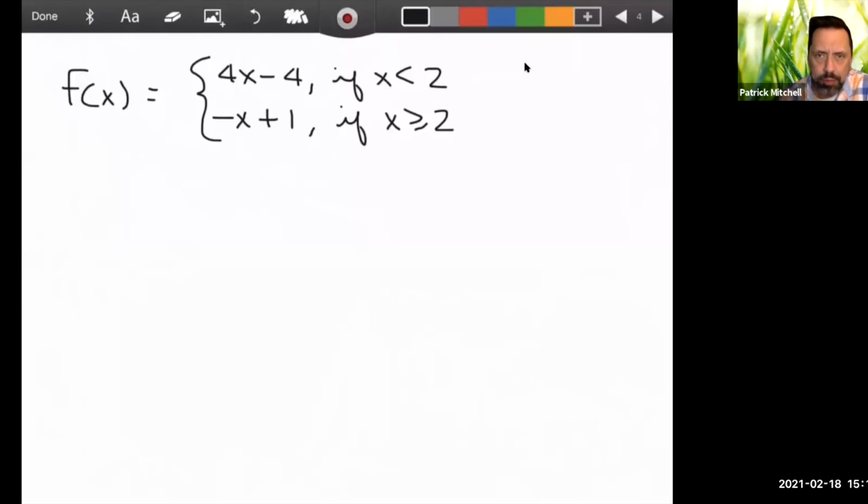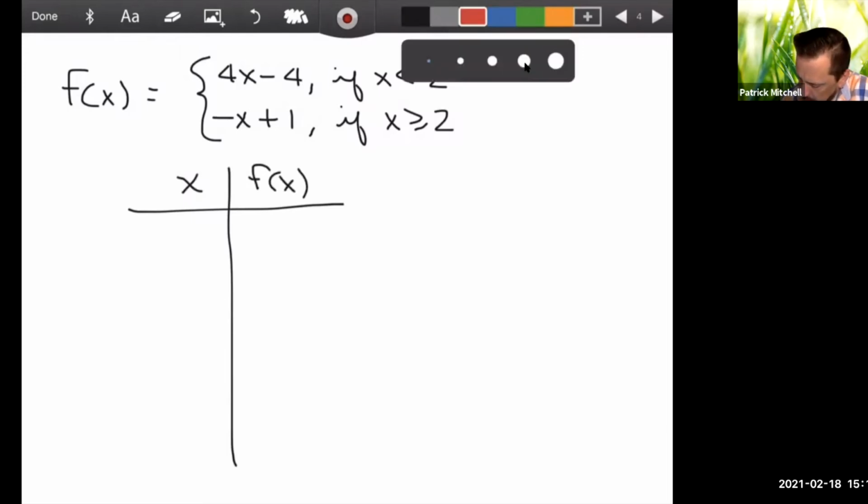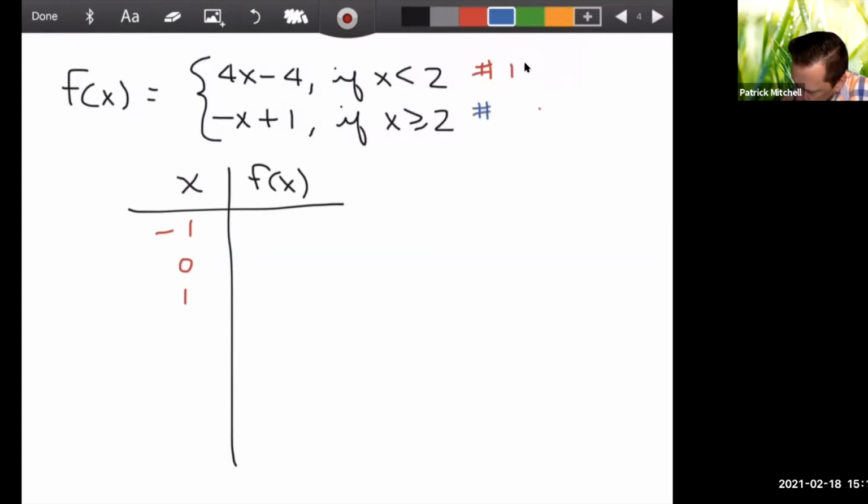All right, so hopefully you had a chance to try that. Let's go over it. So I'm going to make my table. I'm going to pick a few numbers for rule number 1. Why don't we go with -1, 0, and 1. And then I will pick a few numbers for rule number 2.